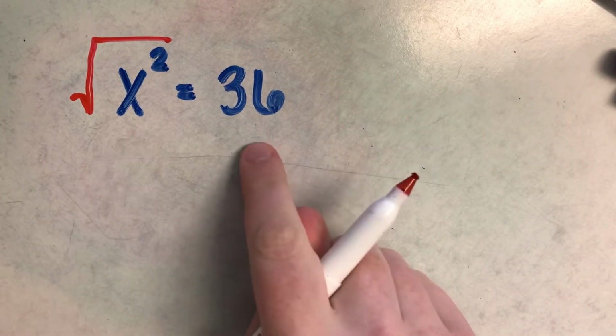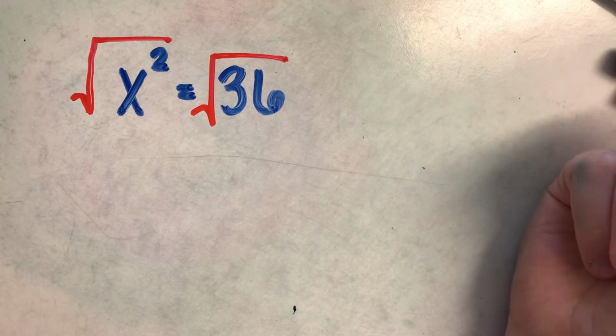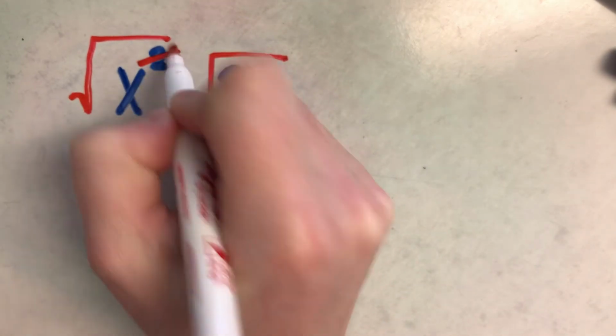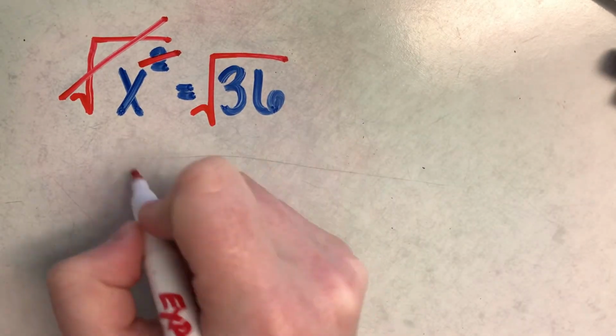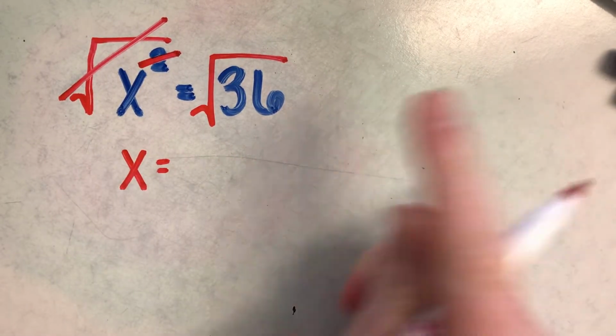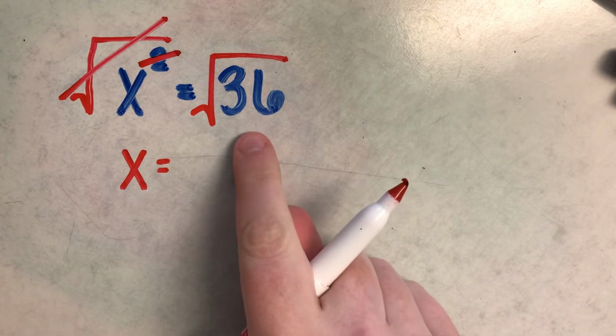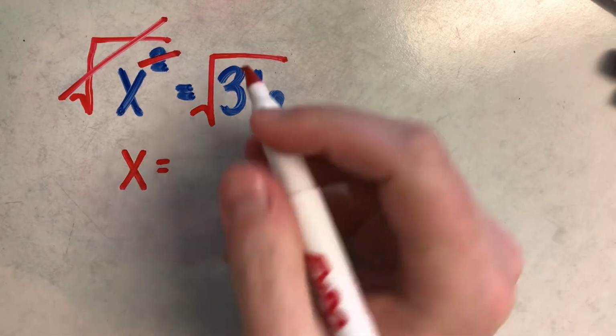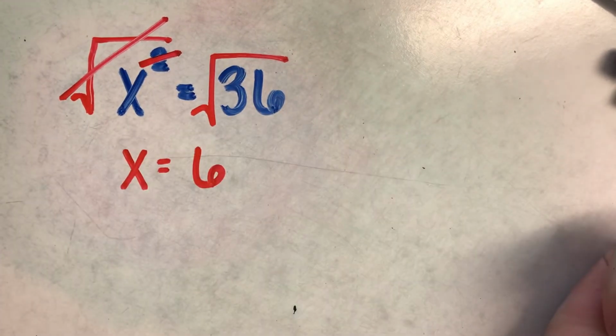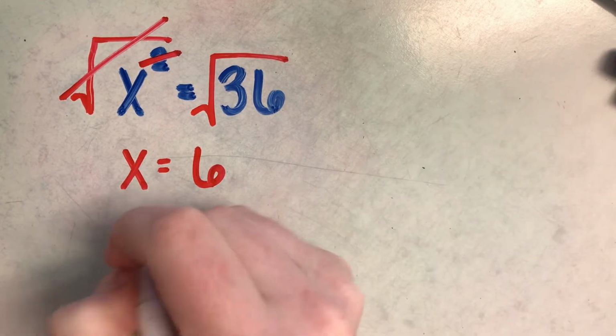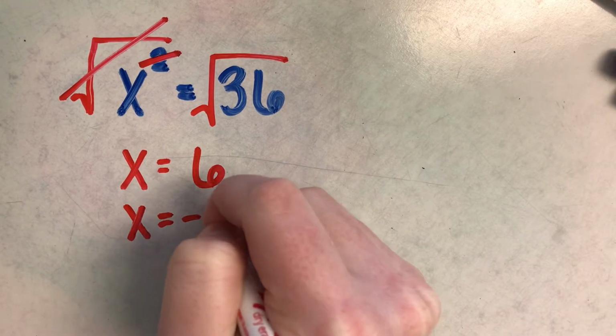Whatever is done over here has to be done over here. So I also need the square root of 36. So my exponent cancels, my square root cancels. I'm left with x. And what times itself gives me 36? That's going to be 6. And it is also going to be negative 6.